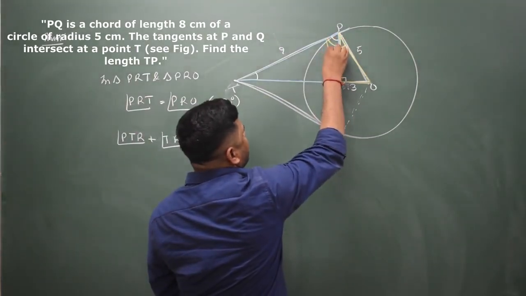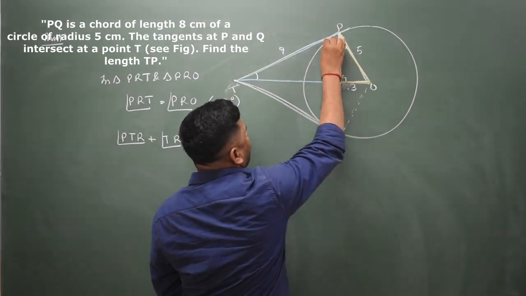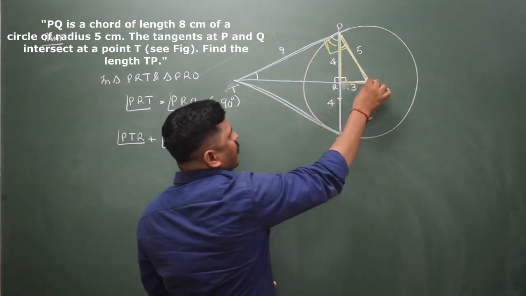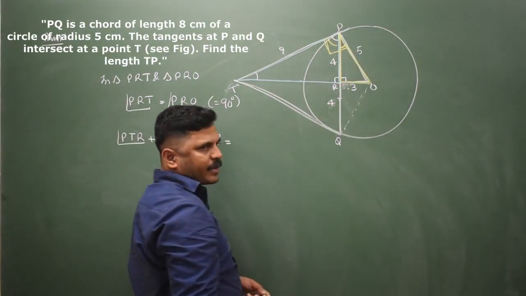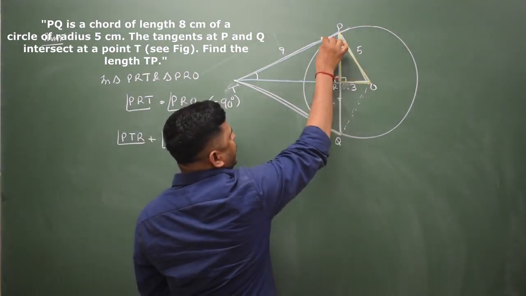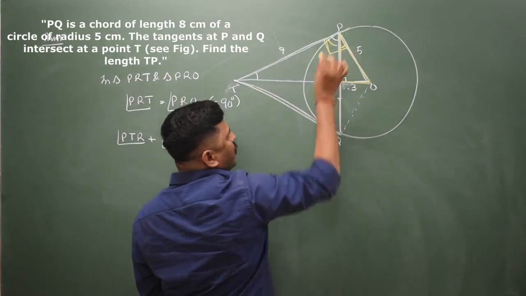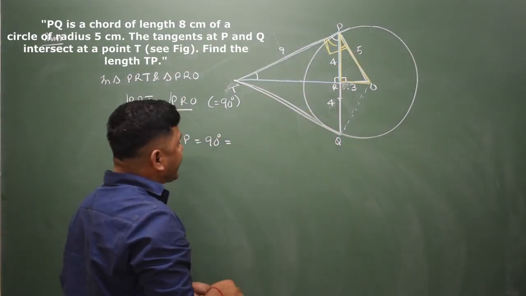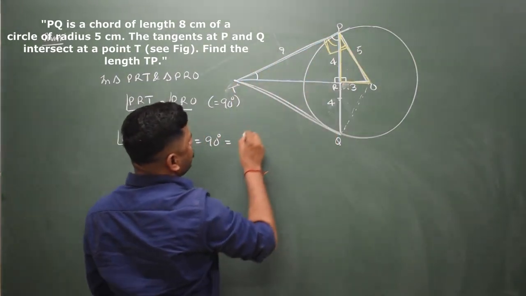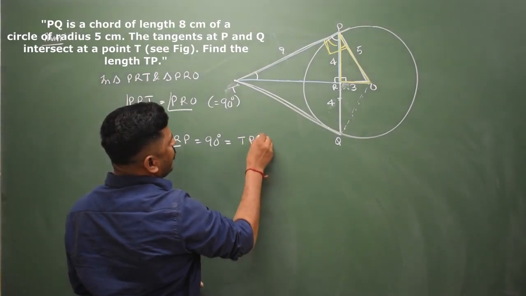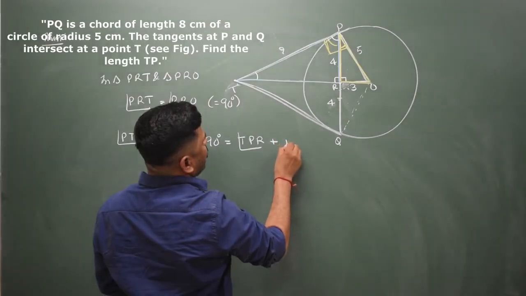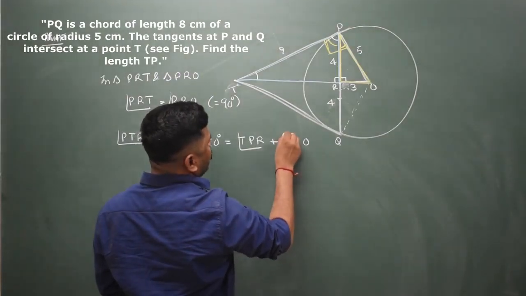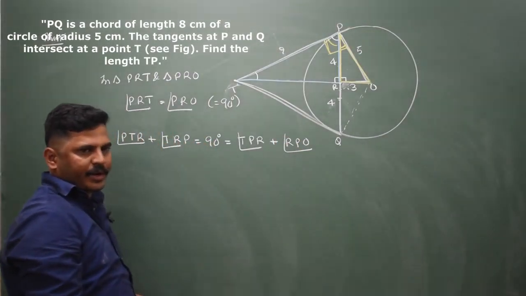Is this angle 90? Why? Because the radius is perpendicular to the tangent. This is 90, means this plus this is equal to 90. What are those angles? Angle TPR plus angle RPO. Yes, is it equal to 90?